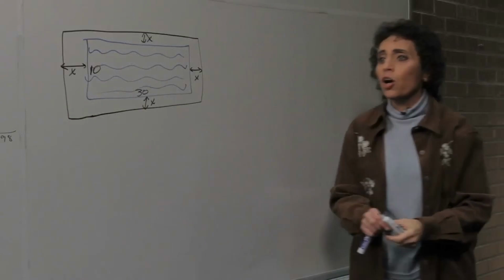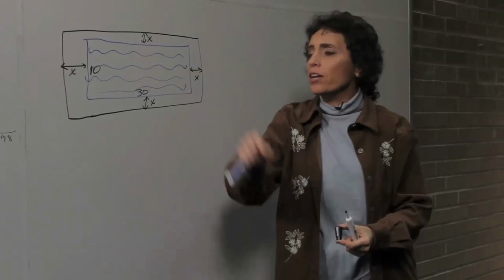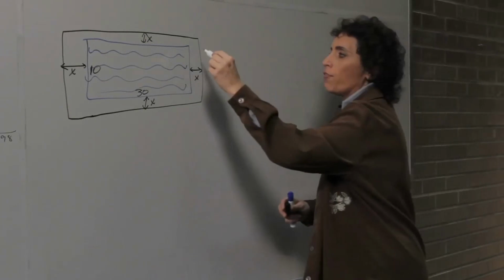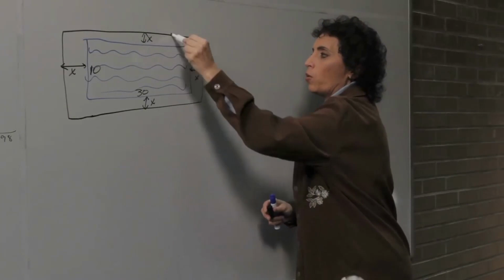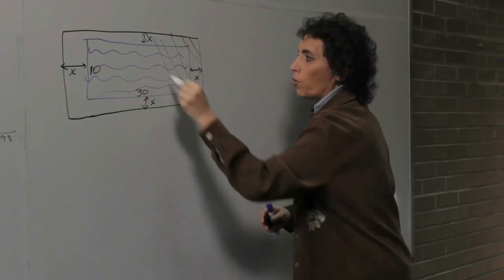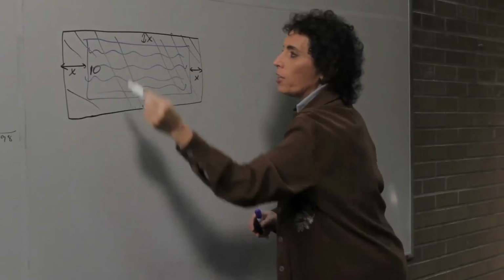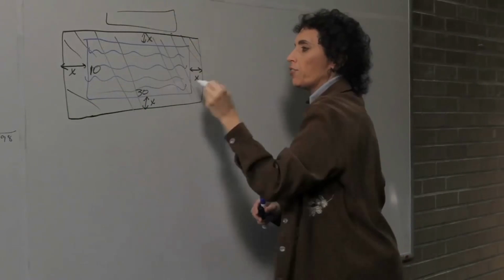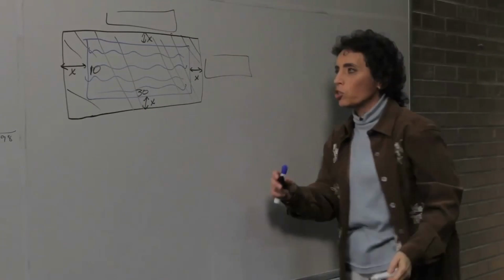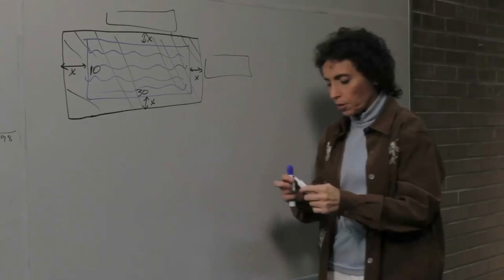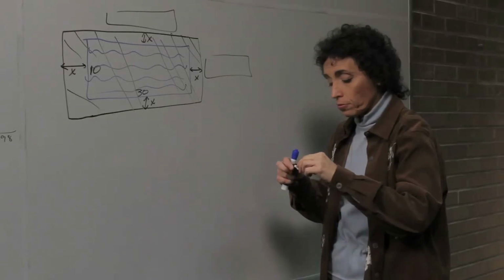Now here's the deal. We want to know the total area of the pool and the walkway, so we want the area of the whole thing. That means we need to know the length and the width of the whole thing. Once we have that, we can get the area.